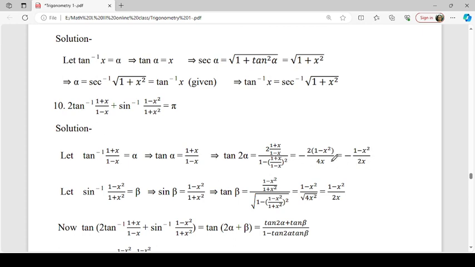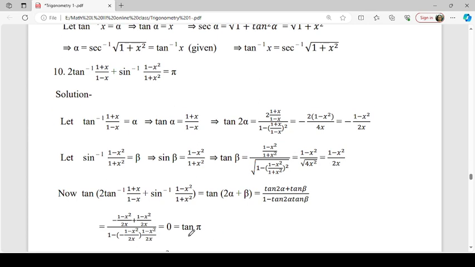And then sin inverse, we convert it to tan inverse. Sin inverse of this value we write in terms of tan inverse, so we are getting tan beta, so beta is tan inverse of 1 minus x square by this.